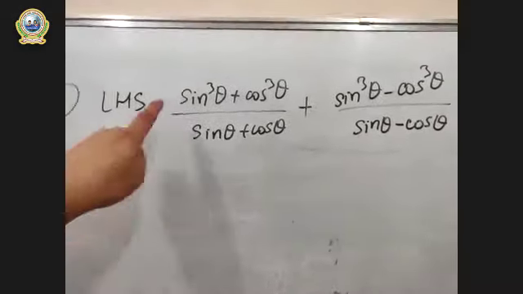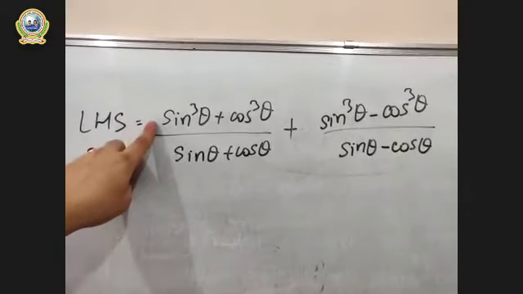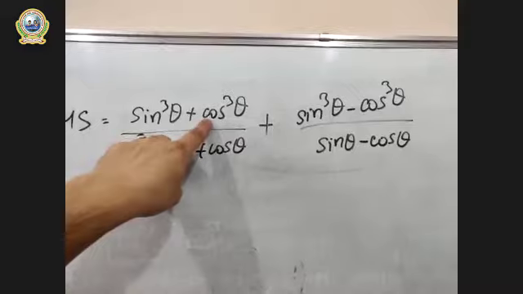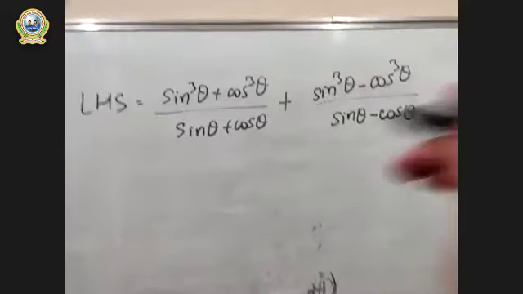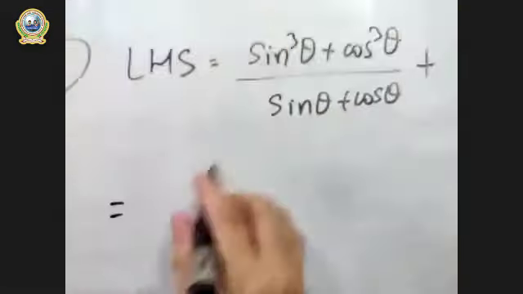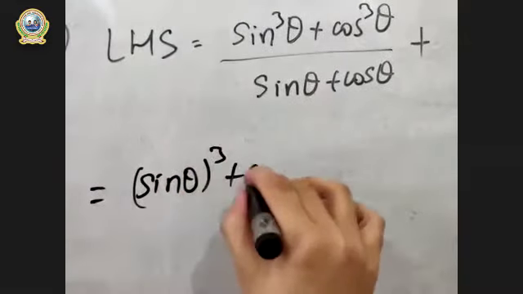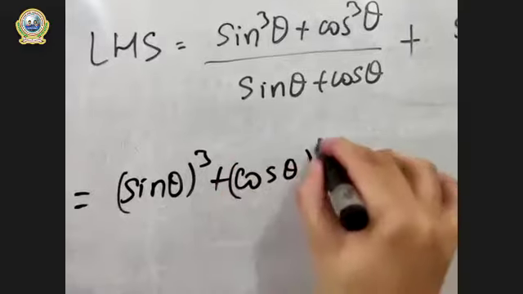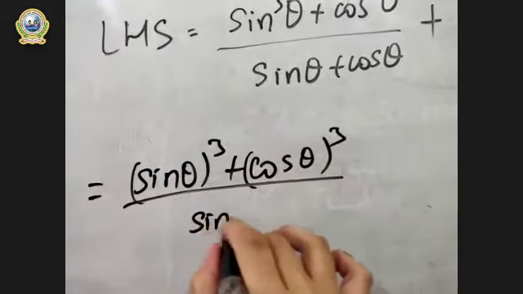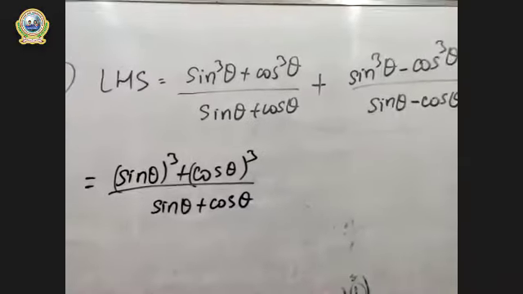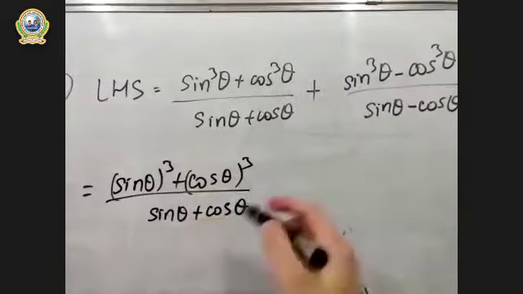Now I think in the numerator part, this is the format of a cube plus b cube, right? So let's start the solution. Now the numerator will be sine theta cube plus cos theta cube, right? By sine plus cos. Are you clear? I have converted the given into this form.